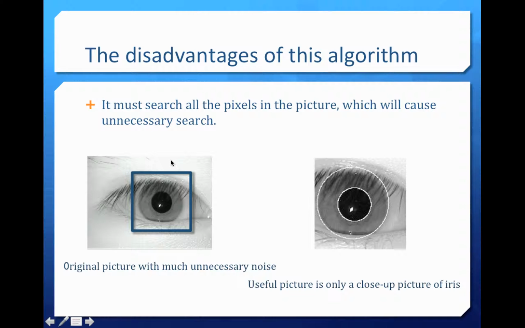If we use a picture like this, we can find that all these parts are unnecessary, they are useless. Only the part in the square is useful, just as the picture on the right side. But if we use the algorithm directly, it will search all the pixels. This will be a waste of time, which will affect the efficiency of the whole program.